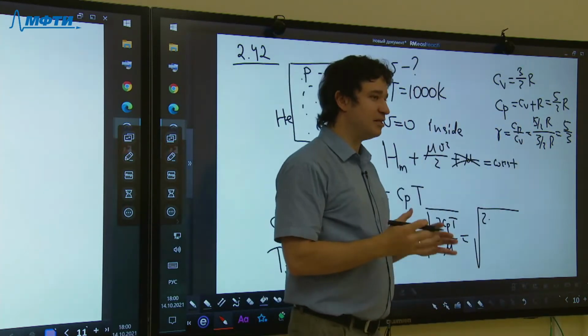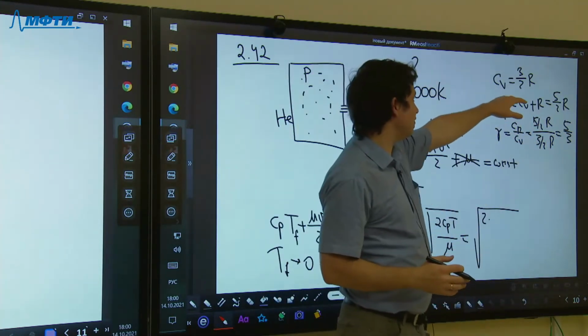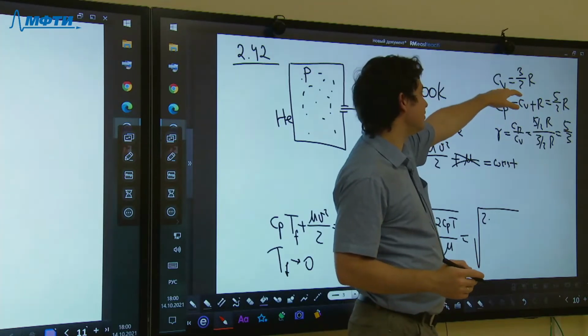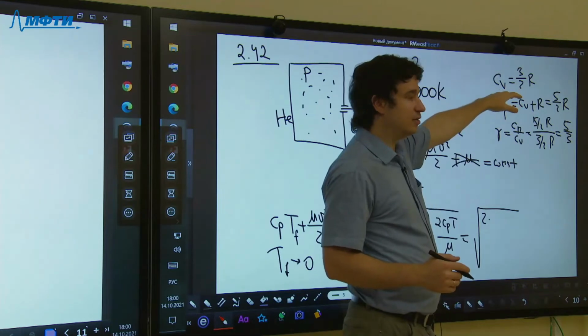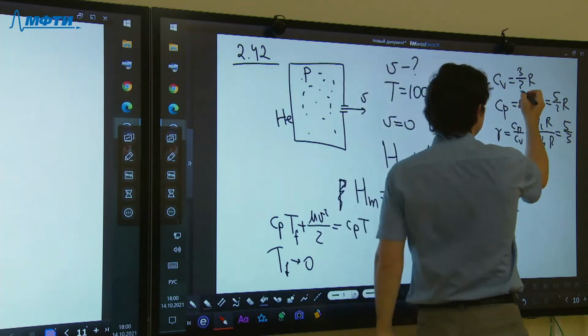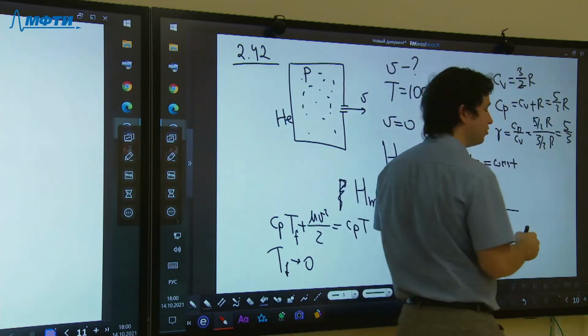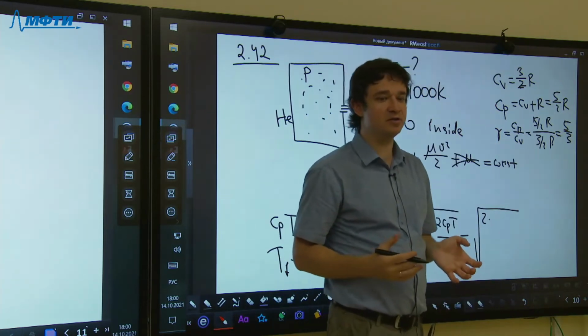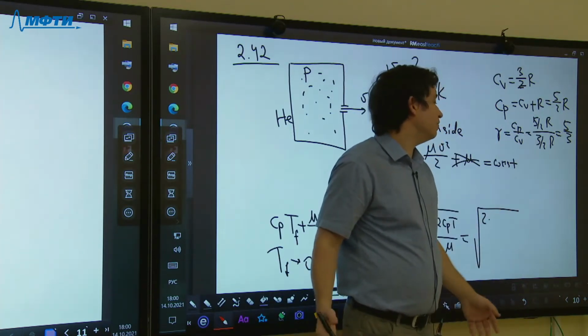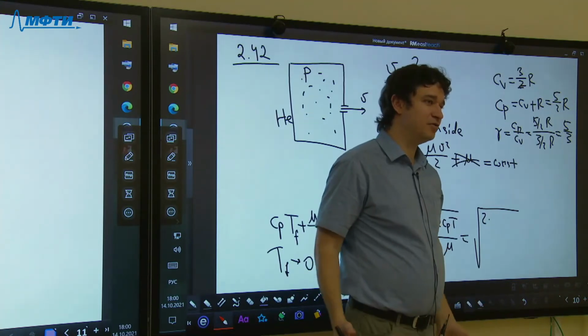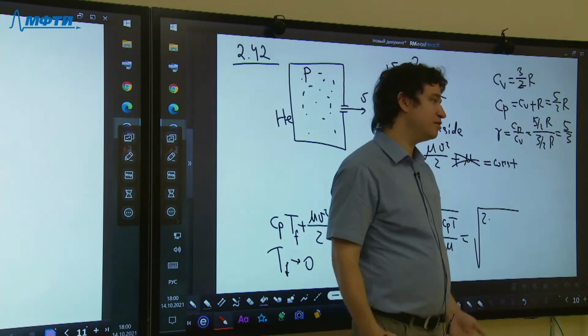Well, it depends on the person, but I find that it is easier to remember this Cv quantity than gammas, personally. Sometimes only gamma is given in the conditions of the problem, but well, then we can do nothing about this. Then we need to determine Cp and Cv from gamma.